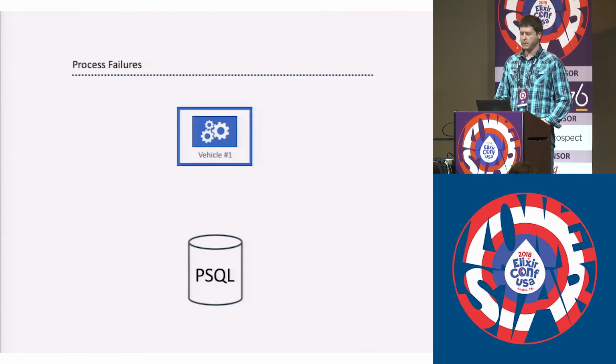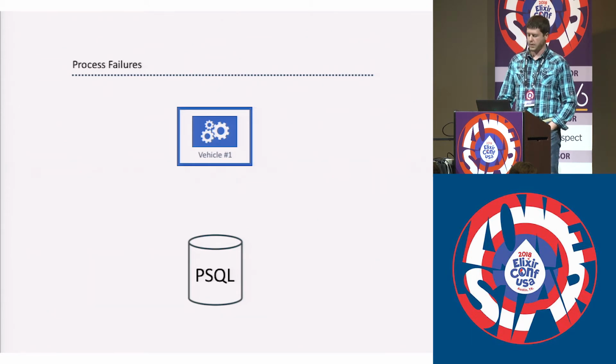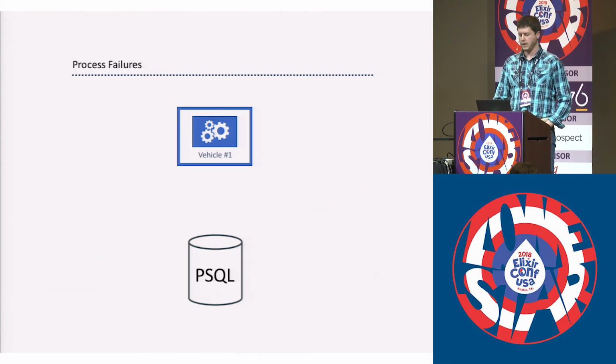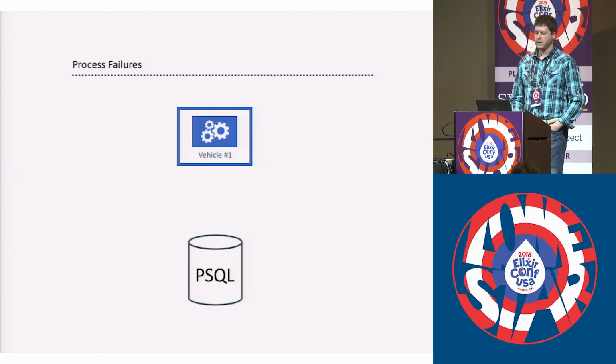We need to plan for failure when we're designing our Elixir applications. What this might look like is if we have a vehicle process running, any sort of process that holds long-running state, there are parts of that state that have to do with how the process is running, and then there are parts that we really care about.